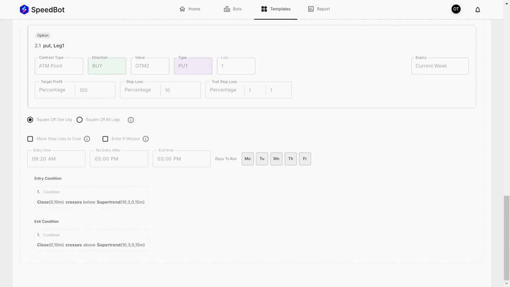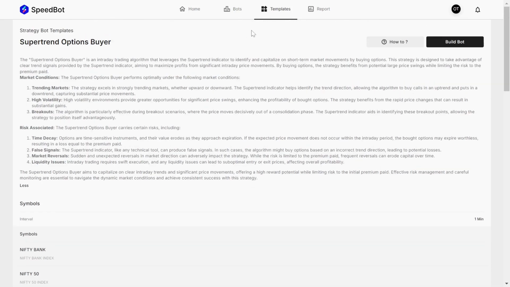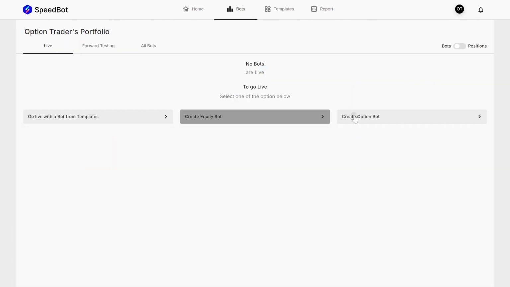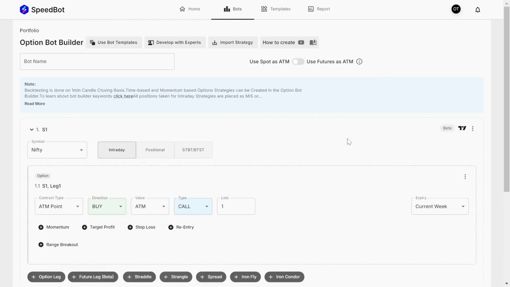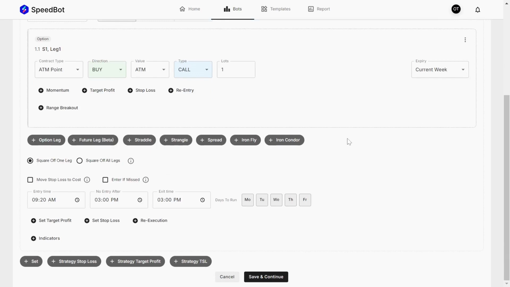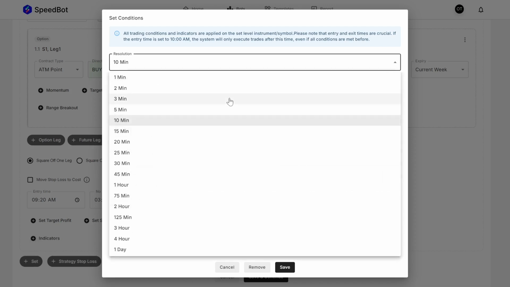So what are the candle intervals that SpeedBot has? This is a question asked by Salim. Let me just show you, Salim. If I move on to the option bot, and if I add a leg, and if I would like to check the candle intervals that we support, it starts from 1 minute till 1 day.